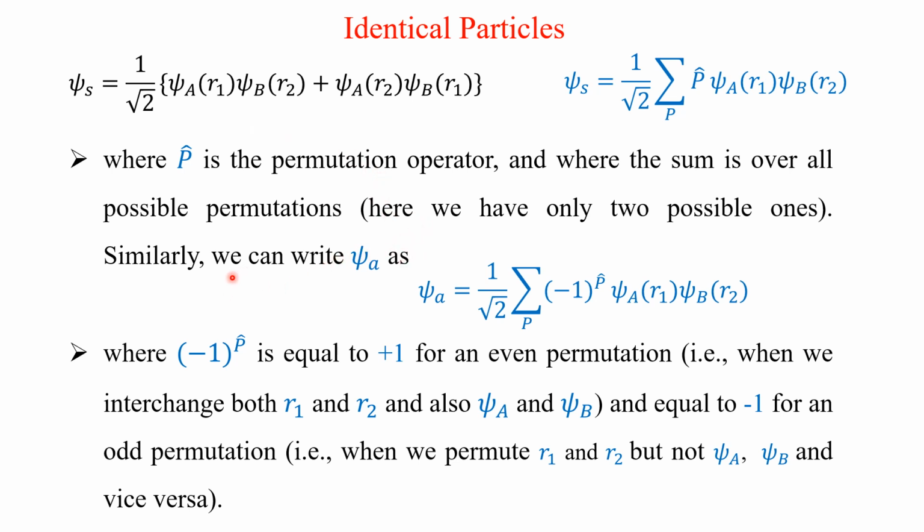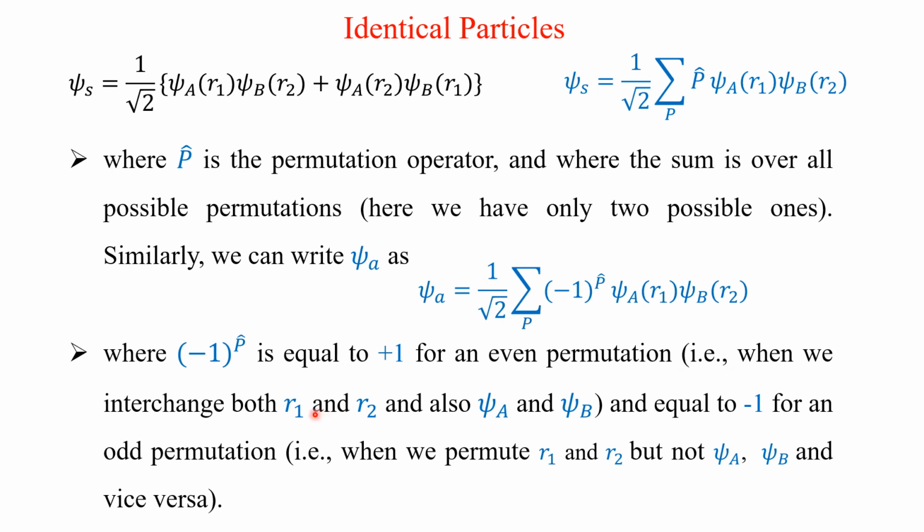Similarly, we can write the total wave function for the anti-symmetric case, which is equal to 1 over square root 2 summation over P of minus 1 power P psi A of R1 psi P of R2, where minus 1 power P is equal to 1 for an even permutation.